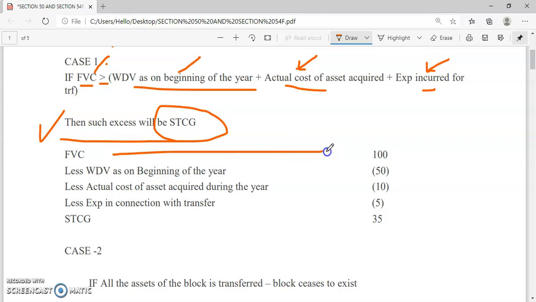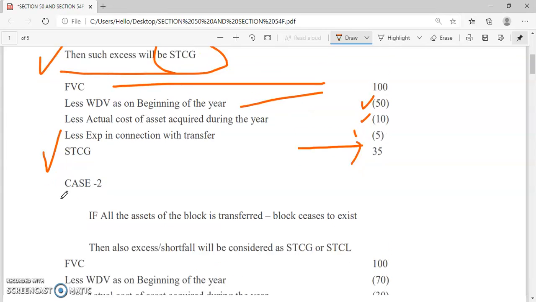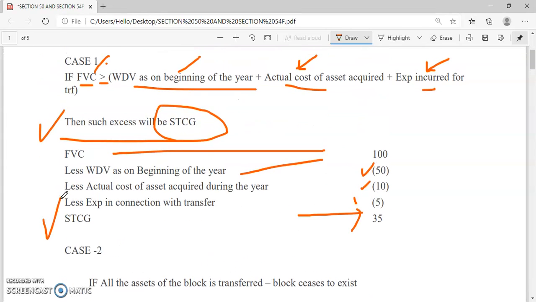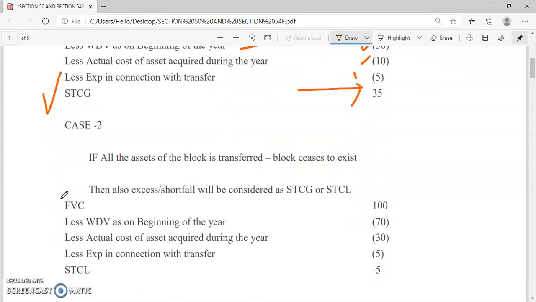For example, suppose the full value of consideration is 100, WDV at the beginning of the year is 50, actual cost of asset acquired during the year is 10, and expense in connection with the transfer is 5. Then 100 minus 50 minus 10 minus 5, so the answer is 35. It is a positive answer, so it will be termed as a short term capital gain. So the first case is when the full value of consideration is higher than the WDV plus actual cost plus expense on transfer, then it will be termed as a short term capital gain.